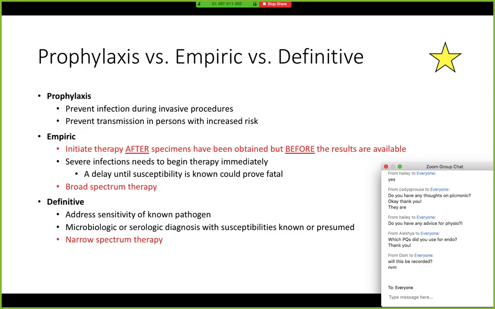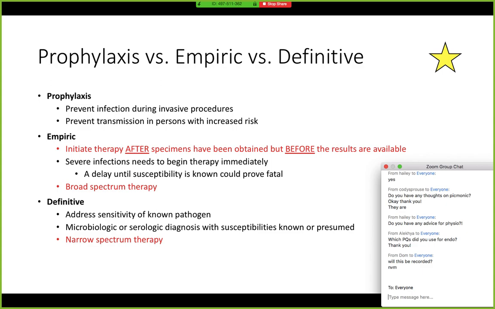So prophylaxis is used to prevent infection during invasive procedures or to prevent transmission in persons with increased risk. The example that she used during lecture was, if a parent brings their child into urgent care and the child tests positive for influenza, then you can prescribe the parent Tamiflu to try to prevent the parent from also getting sick.